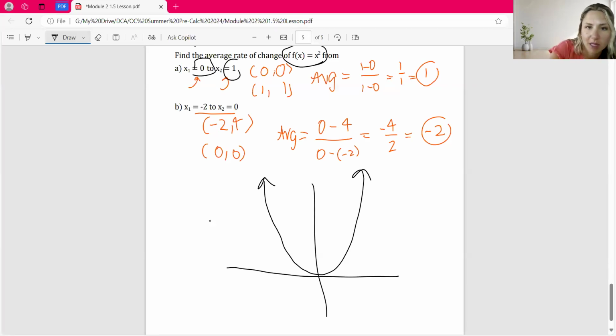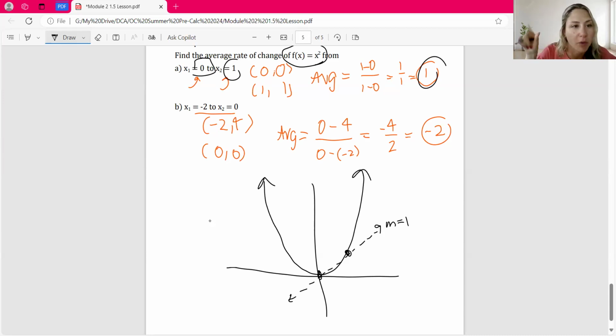We can plot these points, 0, 0 and 1, 1. That makes sense that the slope of the line that would go through those two points is 1. Those two points are on the parabola at 0, 0 and 1, 1, and you can visualize that it has a positive slope of 1.